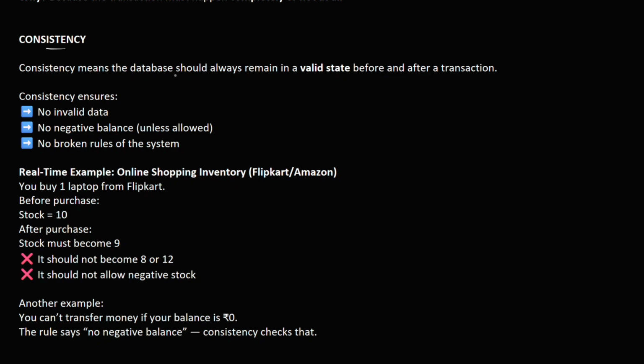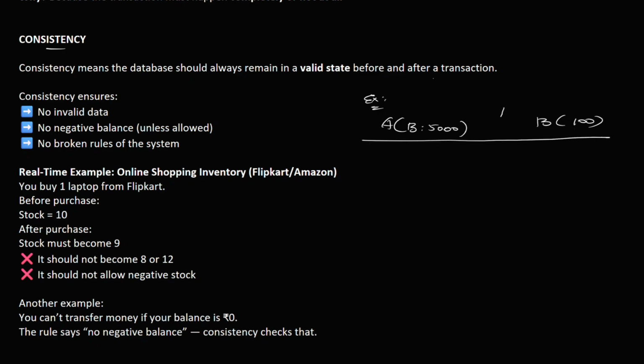Consistency means the database should always remain in a valid state before and after the transaction. So I'll explain the same example. A has a bank balance of 5,000 rupees and B has a bank balance of 100 rupees. Before the transaction, A has 5,000 and B has 100 rupees.